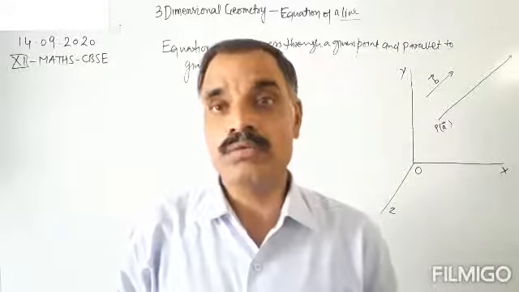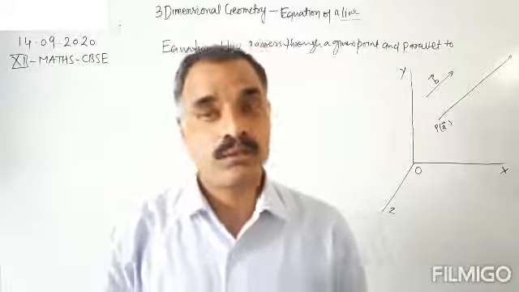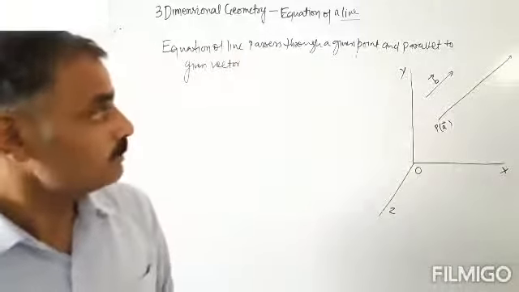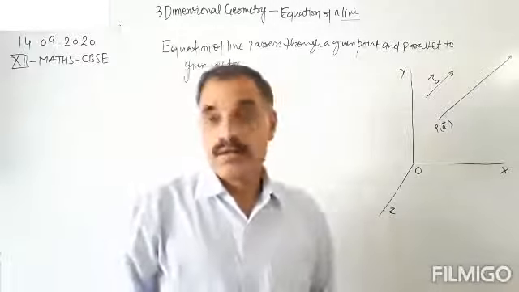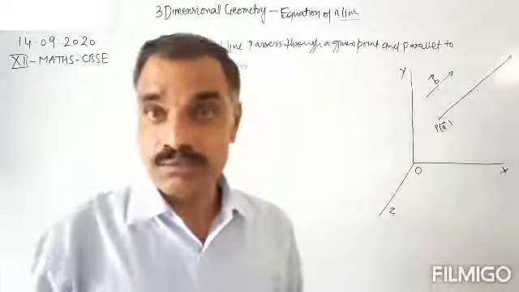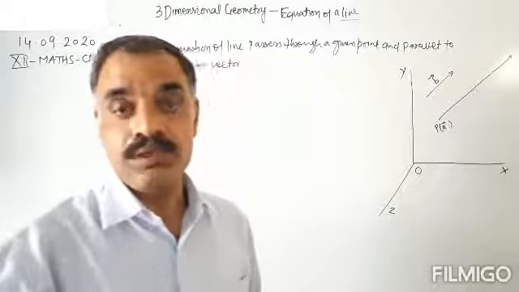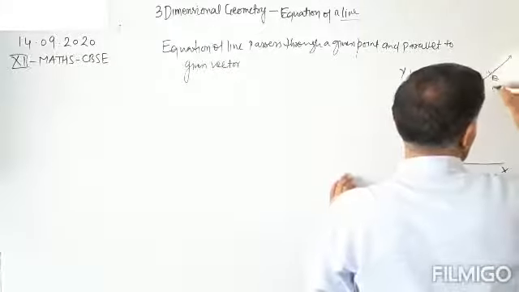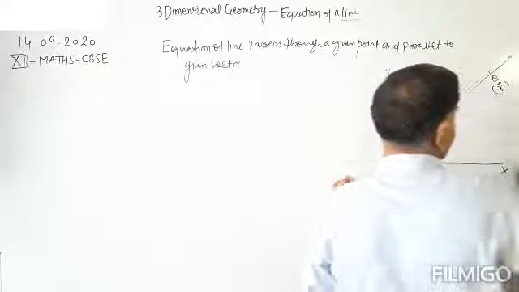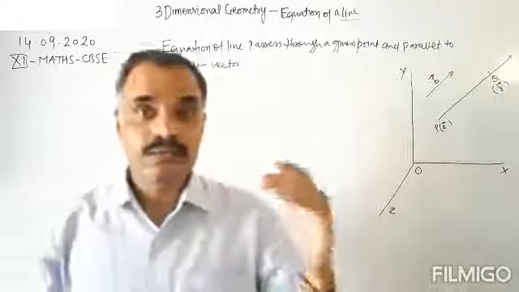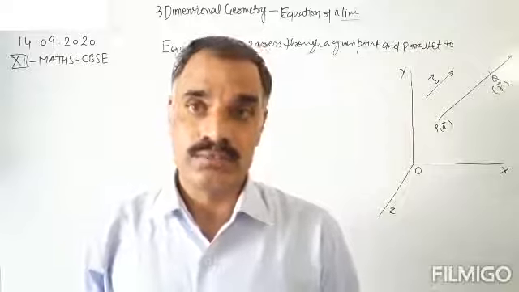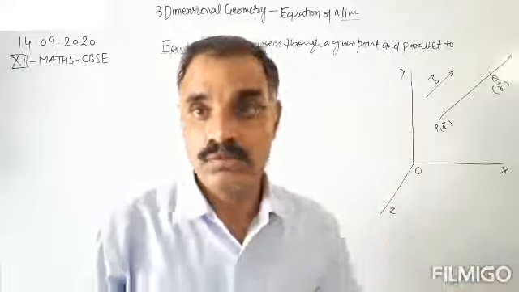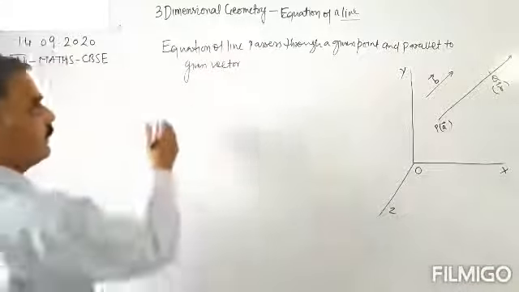Now we have been given only one point, that is A vector, and we have to find the equation of the line. So how to find it? Let us assume there is another point, a general point on the given line. This is point Q, and its position vector is R vector with respect to the origin O. The given point is always fixed, and the origin is also fixed.